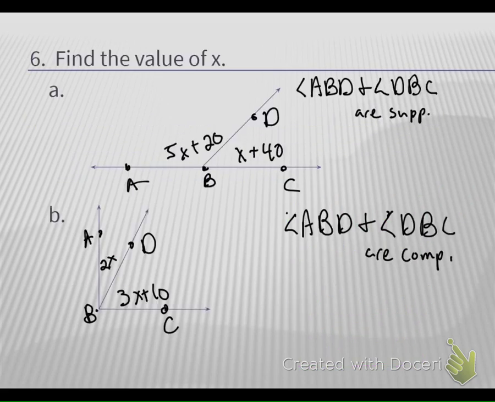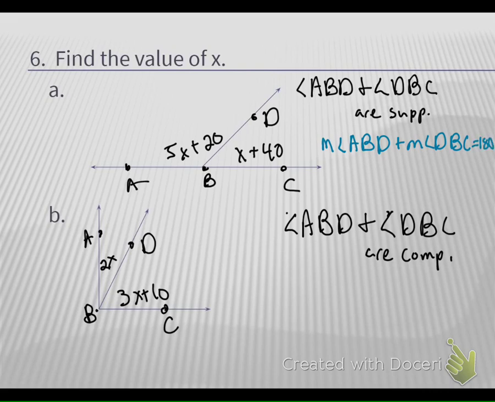Okay? So our first step here is, if we know that they're supplementary and we're solving for x, we're going to take our two angles that we know are supplementary to each other and set them equal to, how much is supplementary? 180. So we have the measure of angle ABD plus the measure of angle DBC equals 180.